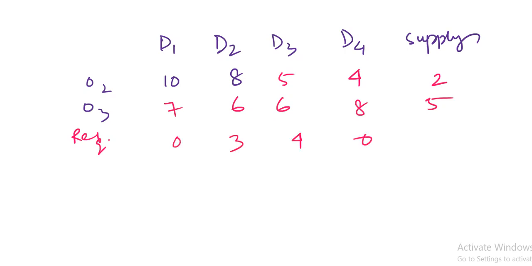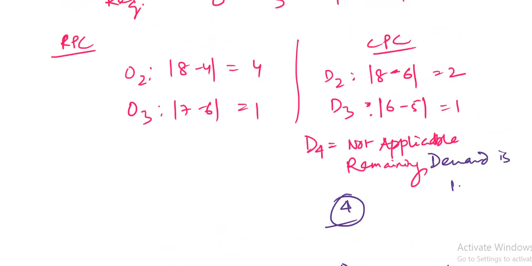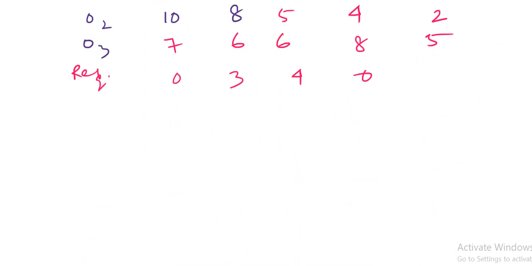Okay, so remove D4 as its demand is exhausted. So in the next step we recalculate the row penalty cost, RPC, here.